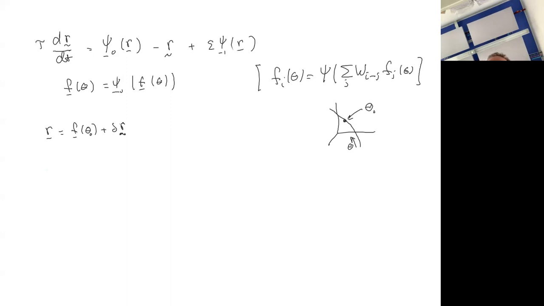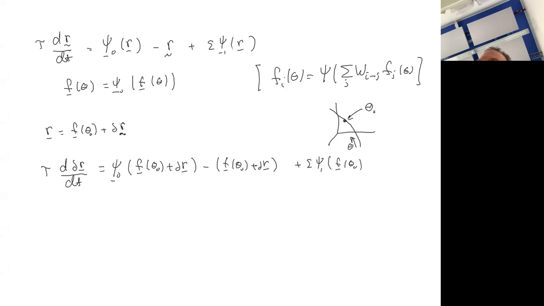Tau d delta r dt equals psi naught of f of theta naught plus delta r, minus f of theta naught plus delta r, plus epsilon psi 1 of f of theta naught plus delta r.